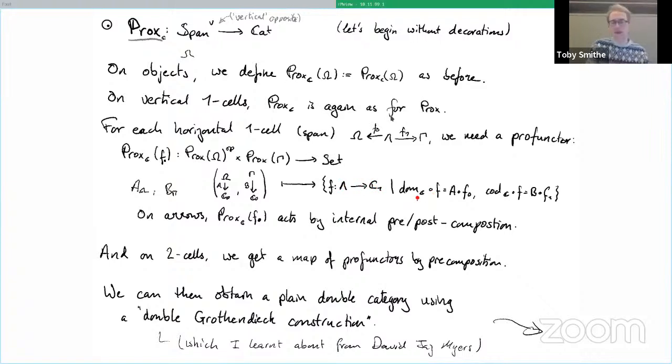And I have to, again, have a compatibility rule to say that the domains and codomains are what I expect.